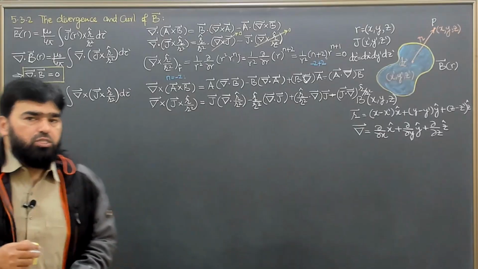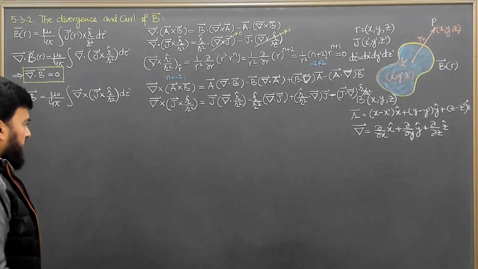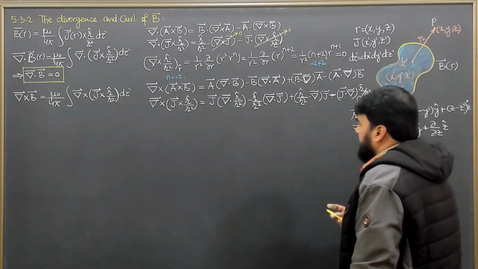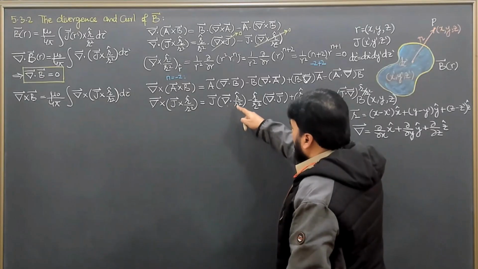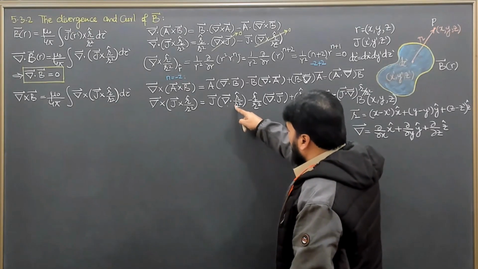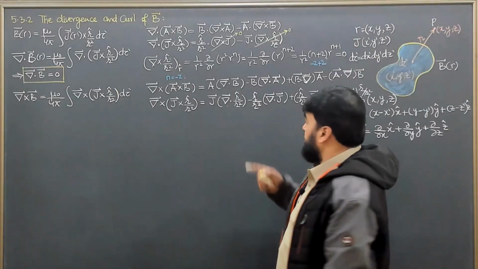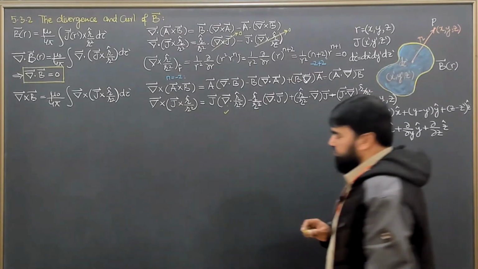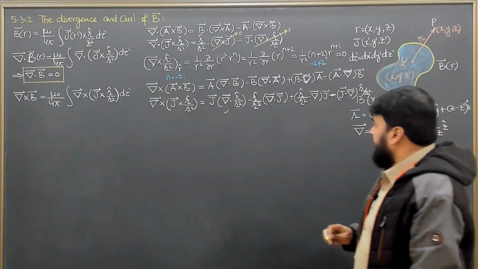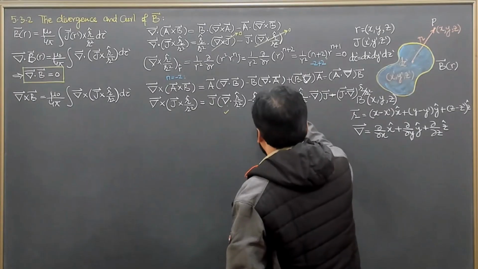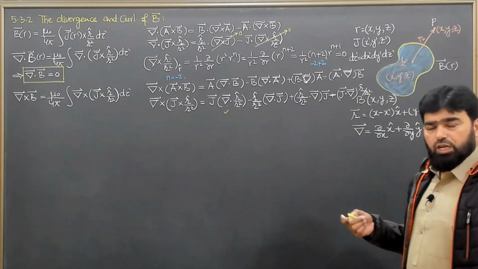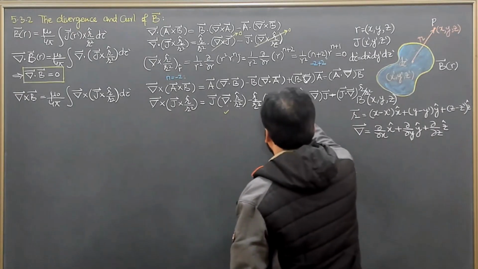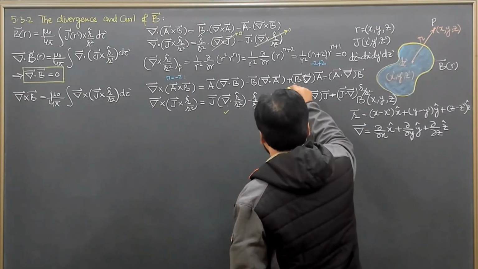Now if I look at this expression, what about del dot this one? It is the combination of both primed and unprimed coordinates, so this will be non-zero. We will have to calculate this one. The divergence of J is a primed coordinate thing, so it does not depend on the unprimed, and that's why this thing will go to 0.